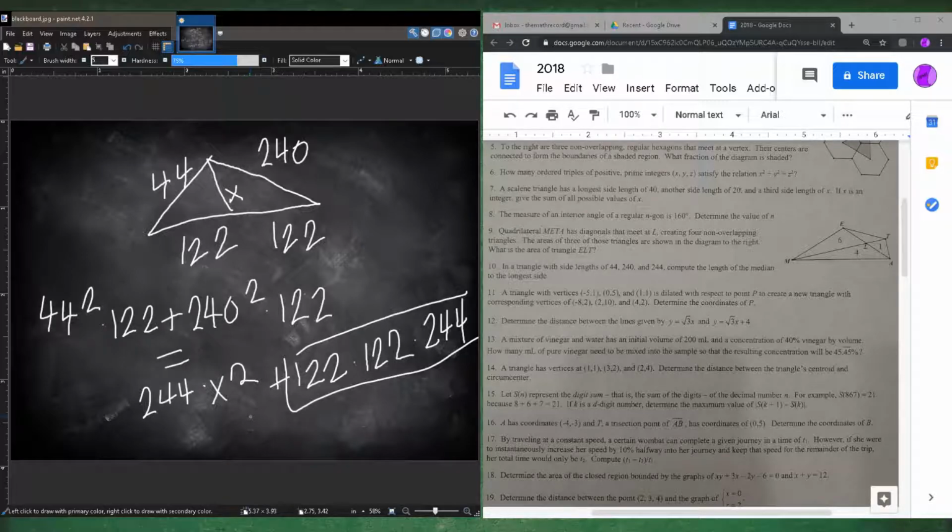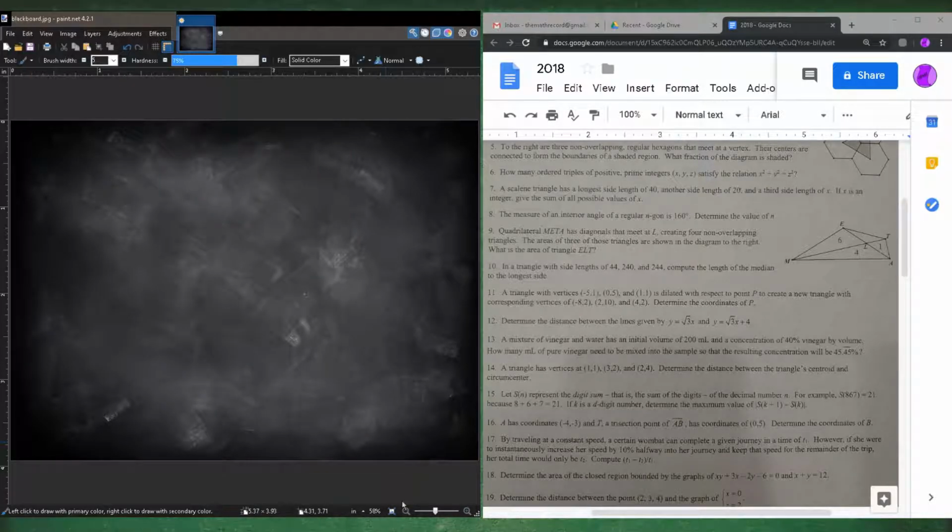So this number subtracted by 122 times 122 times 244, right? And then you divide by 244, square root. And you get the same answer as before, 122. So that is usually the way I do it. It's just one quick method. But both ways are valid. It's just that the law of cosines takes longer.